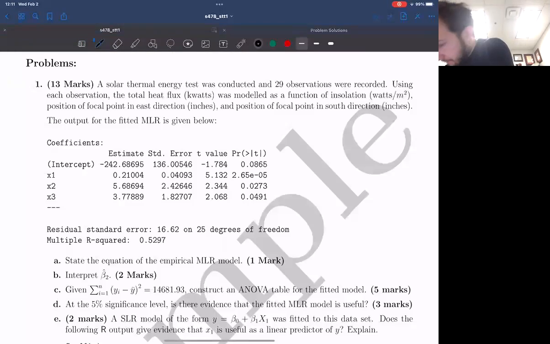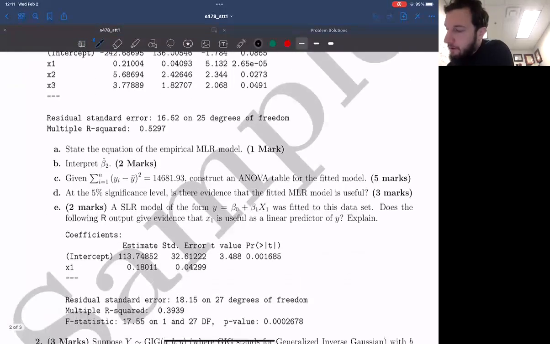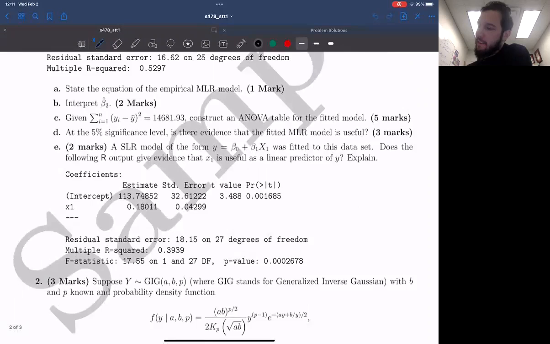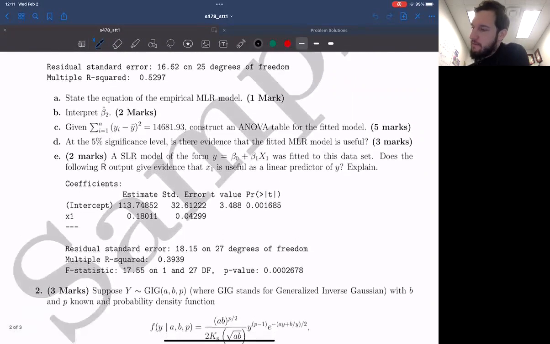Okay. All right. Part C. This is actually one of my favorite questions because I just like this question. Given y bar, given the sum of (yi minus y bar) squared is equal to 14,681.93, construct an ANOVA table for the fitted model.